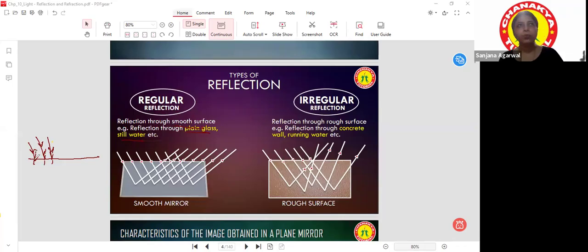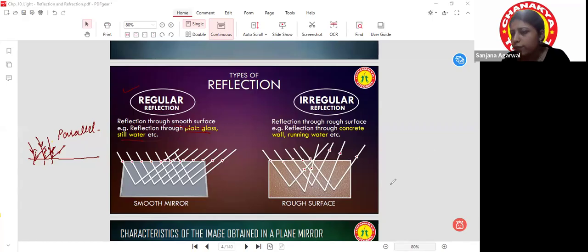So suppose we make the light incident at 30 degrees, the reflected rays will also make 30 degrees. You can see, children, that here all the reflected rays are also parallel. That's why we get a clear image of ourselves in plane surfaces, which is known as regular reflection.